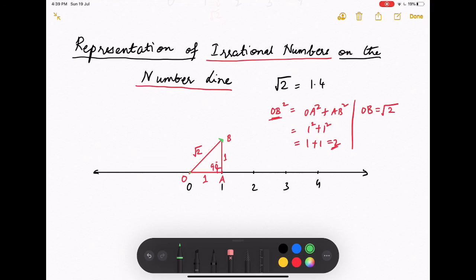Taking OB as the radius, we continue to draw the arc downwards, which will meet the horizontal number line at, let's say, this point we mark as B dash. So B dash will represent square root of 2. Exactly, not approximately but exactly. So OB dash will be equal to OB because they are the radii of the same arc, and that is root 2 units.